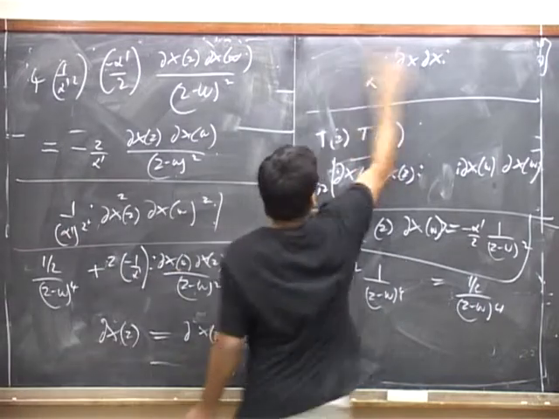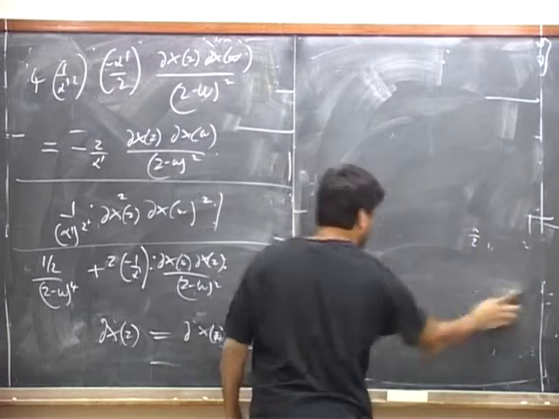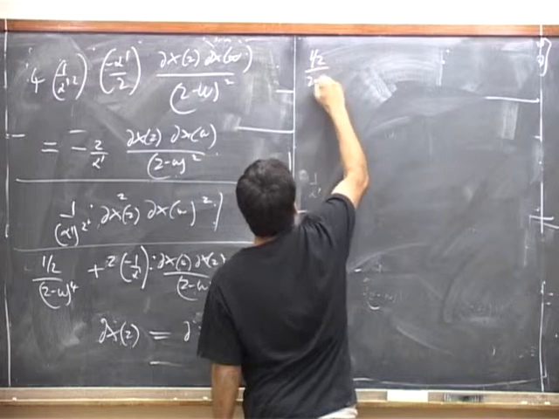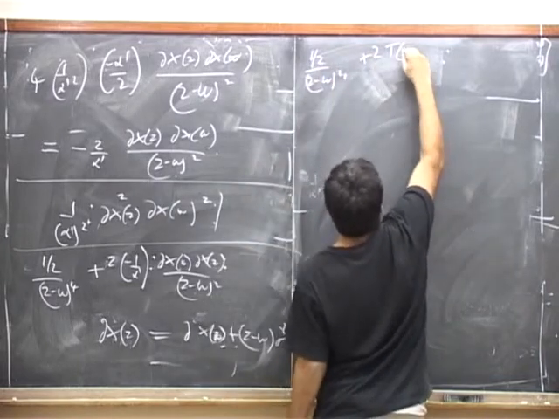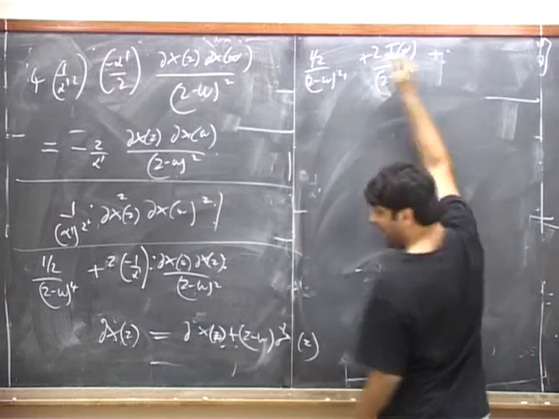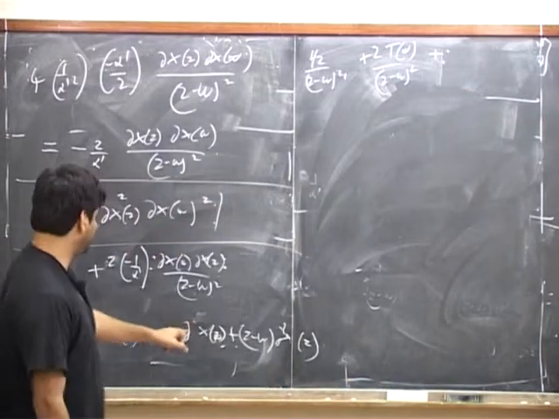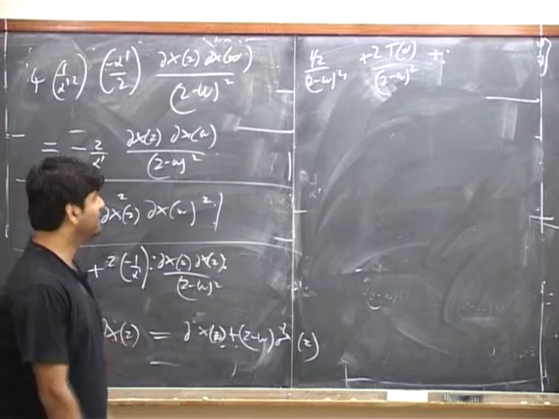Okay? So we conclude that the singular part of the OPE is half over z minus w to the 4 plus 2 times T of w over z minus w squared, and then plus, you see, we've got a second derivative acting on one of the x's in this term, but we can symmetrize that.